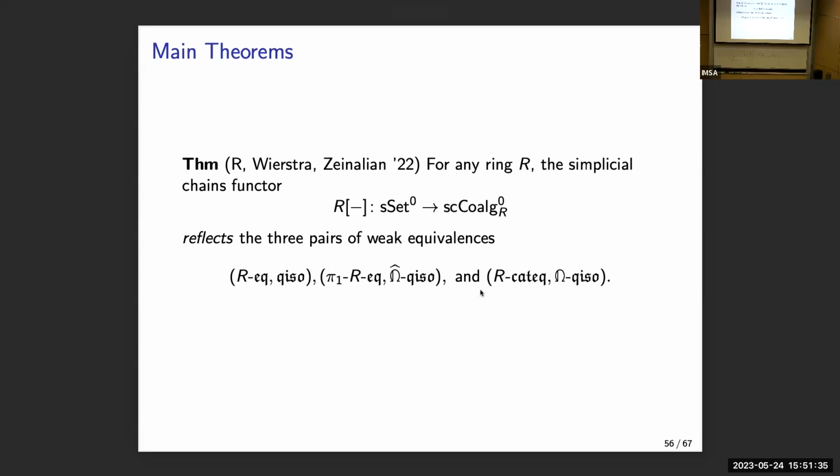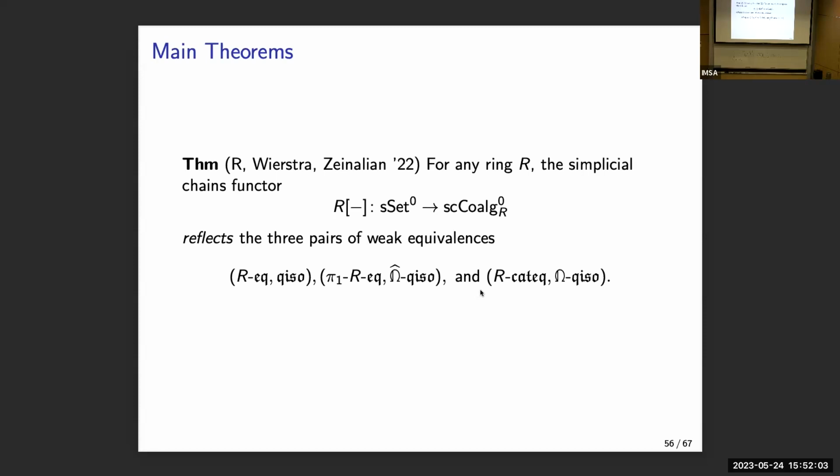So here are the main statements that I want to make. The first statement, you don't need any fancy abstract homotopy theory. The first statement is that the functor of simplicial chains, which takes a simplicial set and produces a simplicial cocommutative coalgebra, reflects each of these three pairs of notions of equivalence.